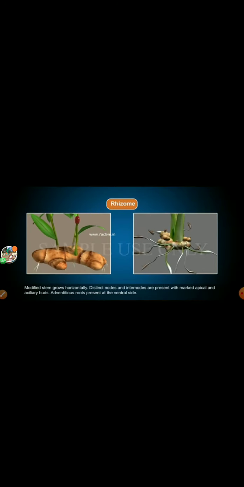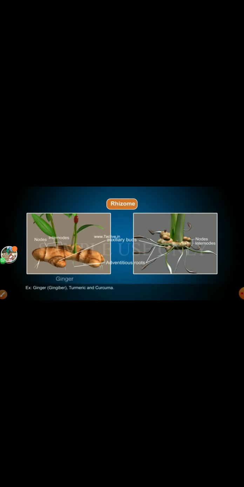E. Offset of water hyacinth. Rhizome. Modified stem grows horizontally. Distinct nodes and internodes are present with marked apical and axillary buds. Adventitious roots present at the ventral side. Example, ginger, gingiber, turmeric, and curcuma.